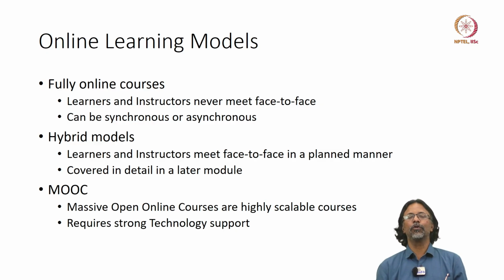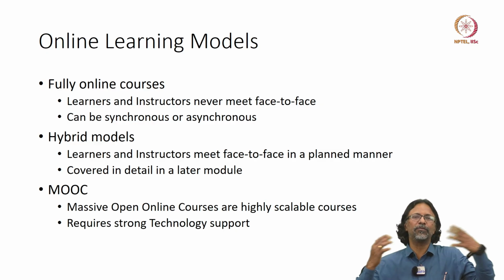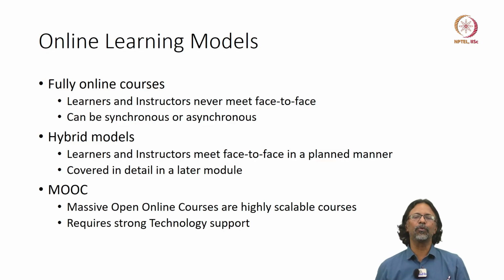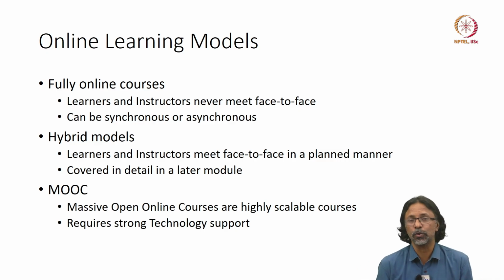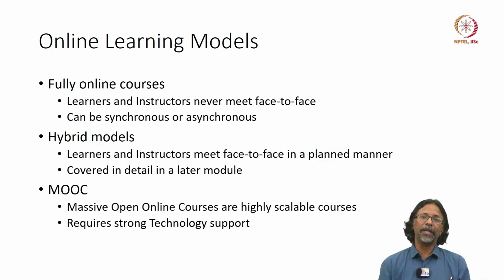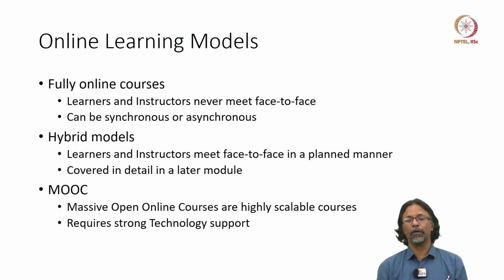So you may have a very, very smart 12th grade student who may be capable of grasping the contents of, say, a master's level mathematics course. Why not, right? That is what it opens up, these opportunities. That's why it is called an open course.